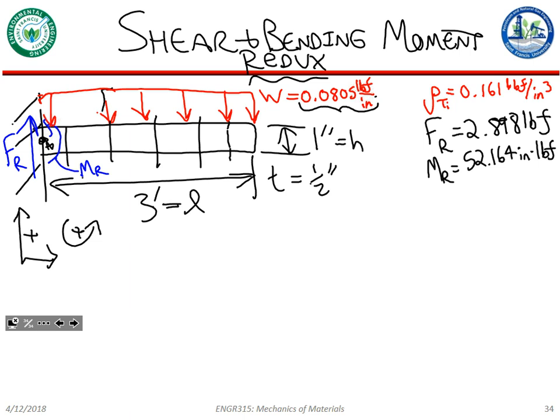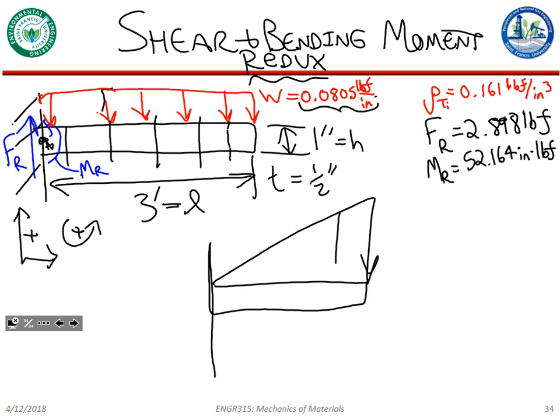I'll probably put it in the practice later on, but a fun fact: if you have some load distribution that's triangular, it's defined like W would be some load times X location plus some intercept, with some triangular load distribution like that.